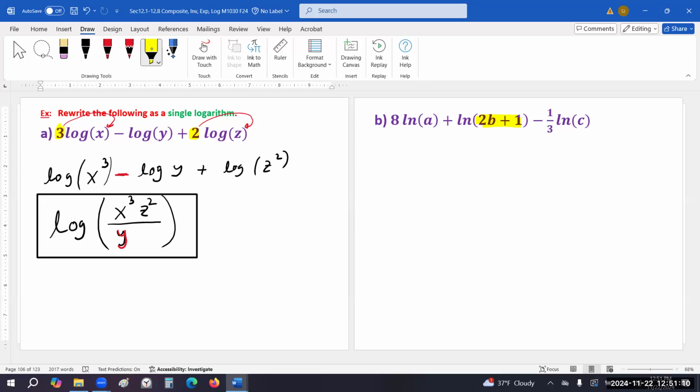Matthew, are you done or are you thinking? Done? Wonderful. Would you like to try this? ln of 8 to the 8 on the top. 2b plus 1.